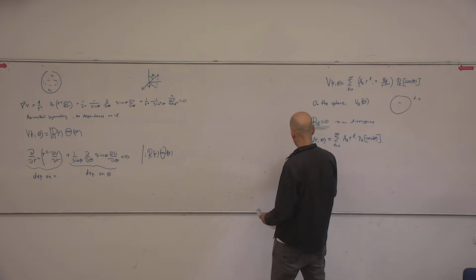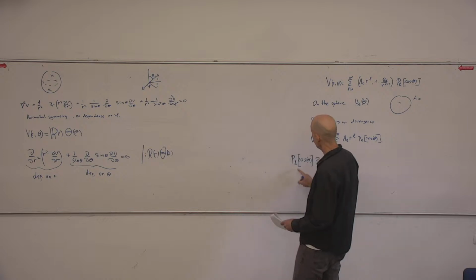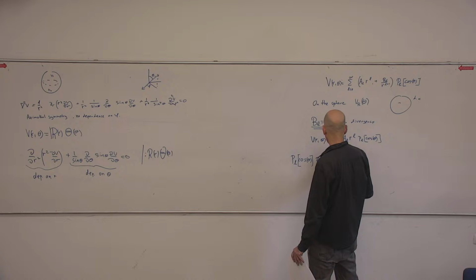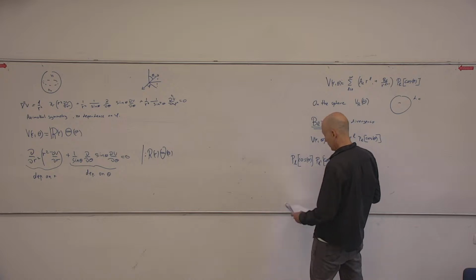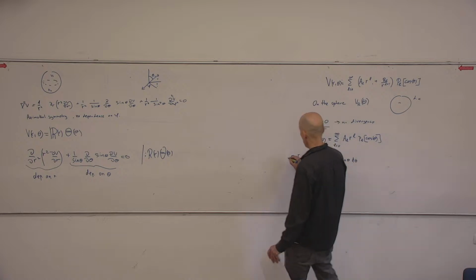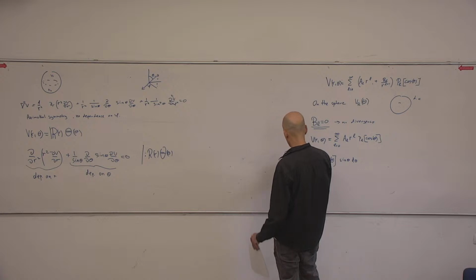I again look it up in a textbook. I take the Legendre polynomial with L and L prime. I go to my formula sheet. Sine theta d theta, which is d cosine theta, integral from 0 to pi.